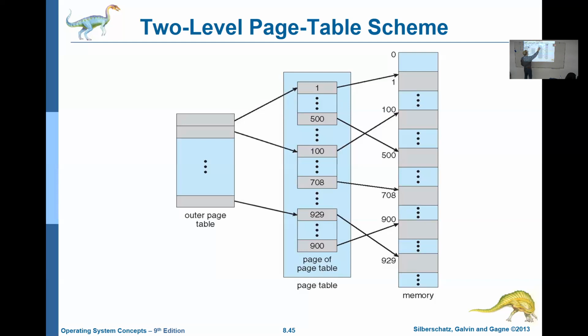I count down: here's my 1, here's my 4,000, here's my 20,000, here's my 500, 20,000, 500, and 193, and in between is some other frame, frame X, frame Y. Some other program is sitting there.